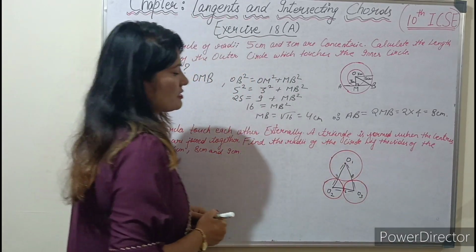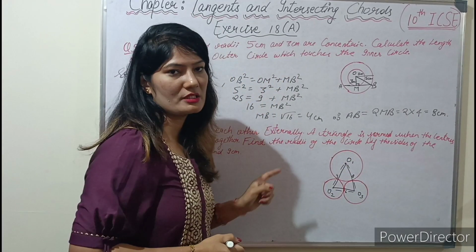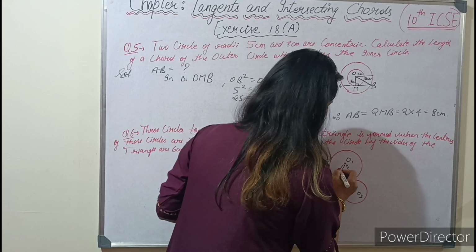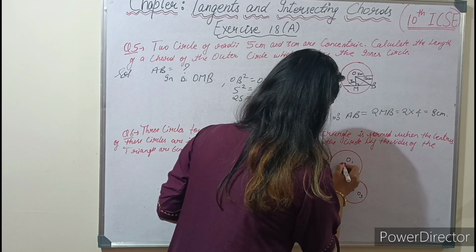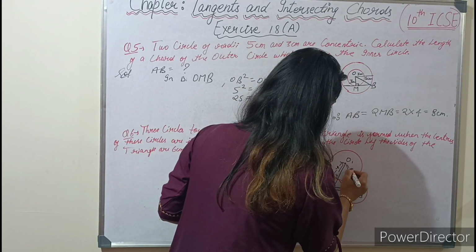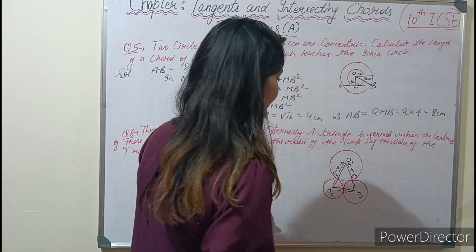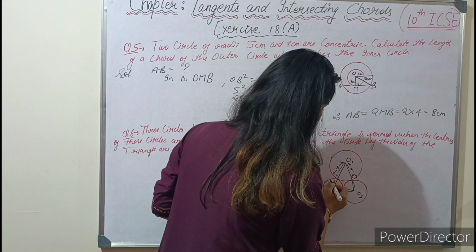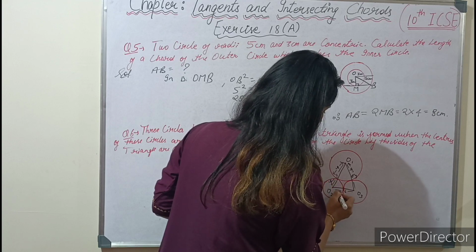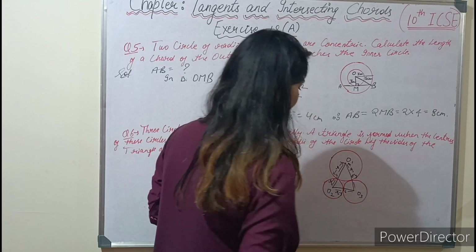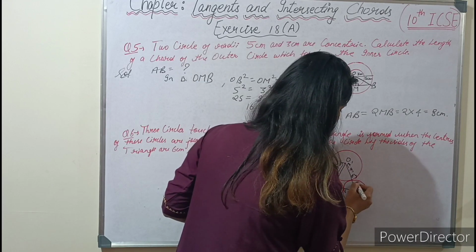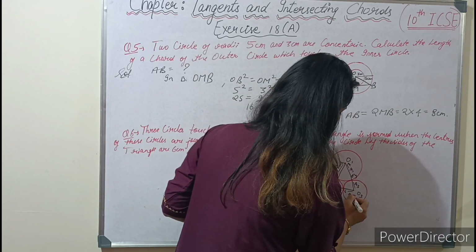So in this case, let the radius of the first circle be R1. Suppose this is R1, radius of the first circle, this is also R1. The radius of the second circle be R2, this is also R2, and the radius of the third circle is R3, so this is also R3.